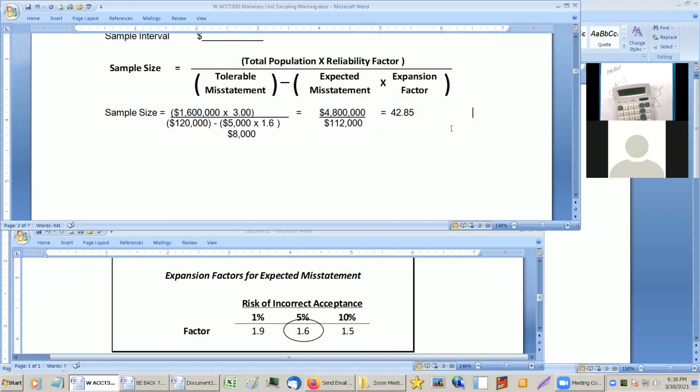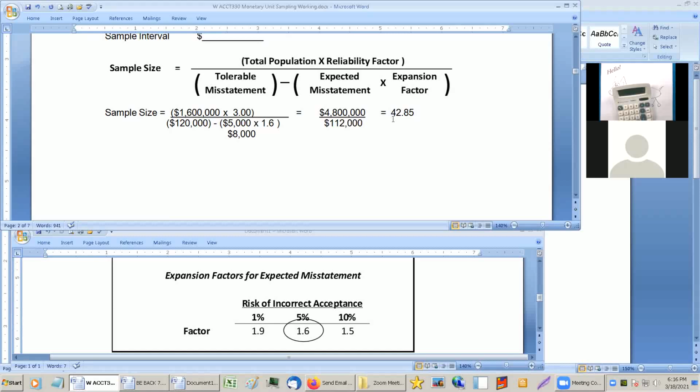Okay. So obviously this is the sample size, so we can't take 0.85 of an item. So in this case, we're going to round it up. Now the true formula is to round it to the nearest whole number.